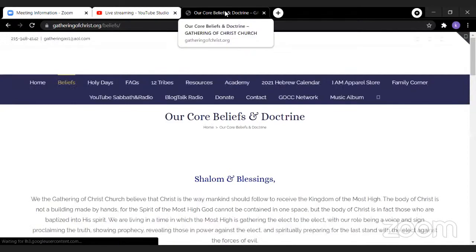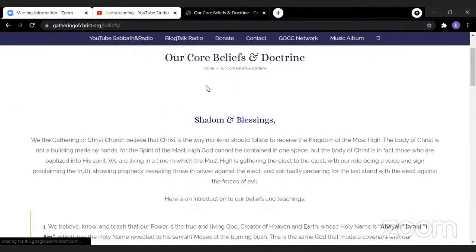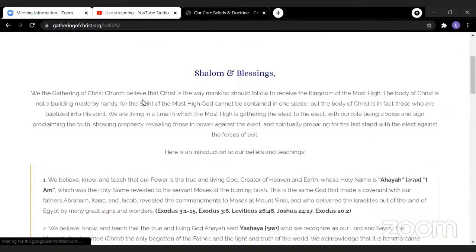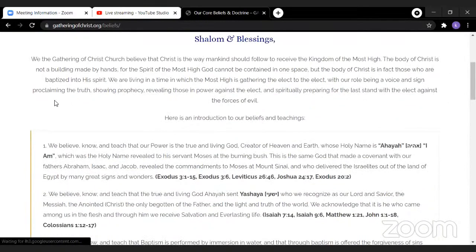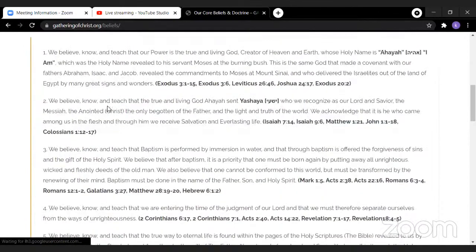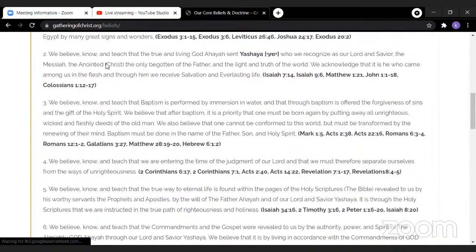Okay, so here it is. Y'all see? Yes. So, our core beliefs. Okay, this is GOCC. All right, so these are Hebrew Israelites. Okay. So let's see. I'm not going to read it all up. I'm going to find what we're looking for.